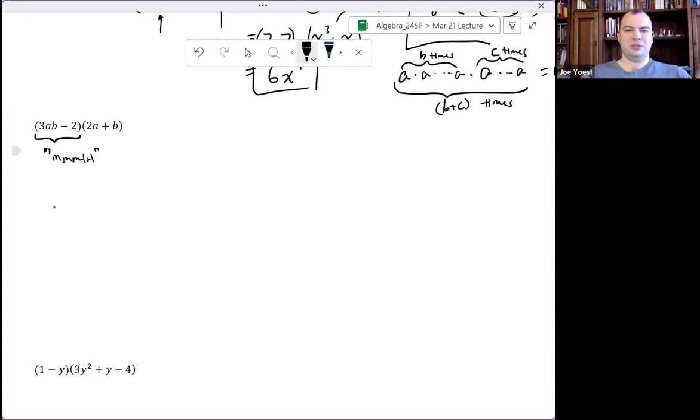This parentheses 3ab minus 2, I think of that as its own unit. And here I have a binomial. So I'm going to distribute this thing onto the first term of the binomial, the 2a, and onto the second term, the b.